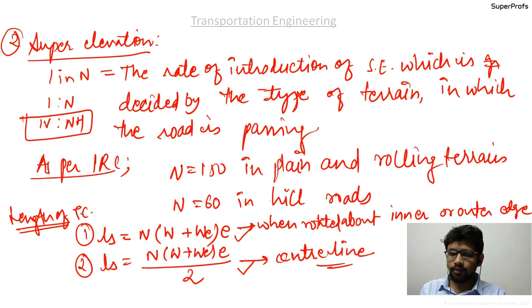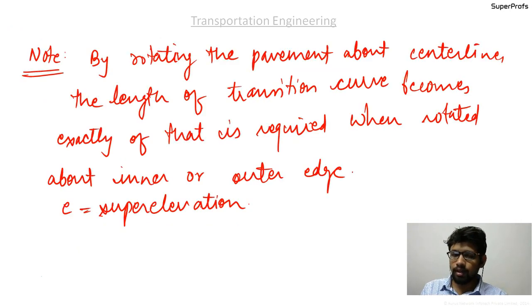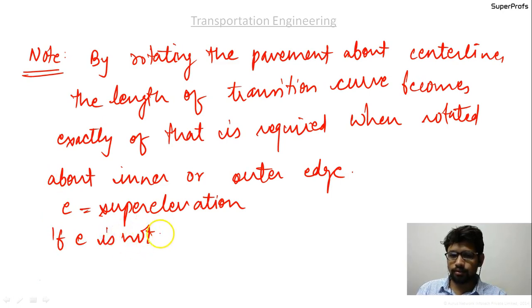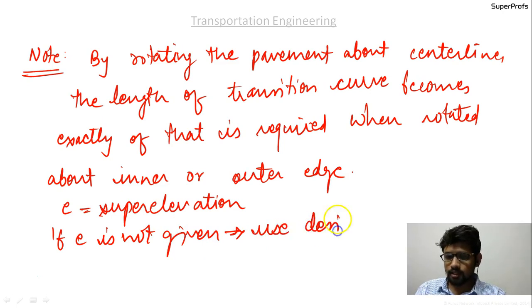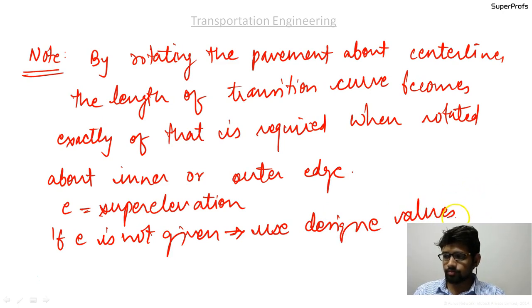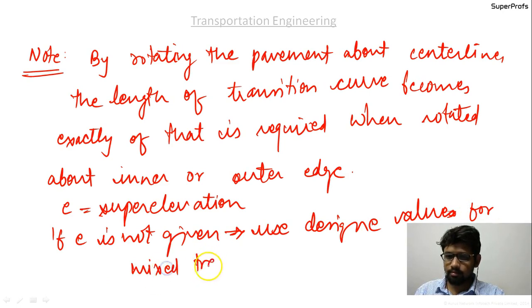Okay, and if the E value is not given, then use the design super elevation for the mixed traffic condition. So whenever E is given, use the same value. If E is not given, then use the design E value for the mixed traffic condition.